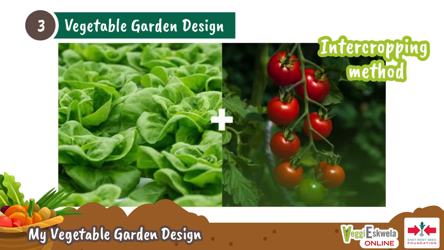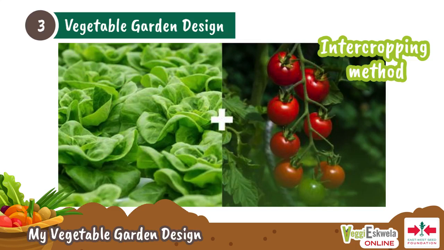Intercropping involves growing two or more different crops with different maturity dates in the same space. It's a great way to squeeze the most out of your garden space. The faster maturing crop will be harvested before the slower maturing crop picks up its growing pace and needs the space.